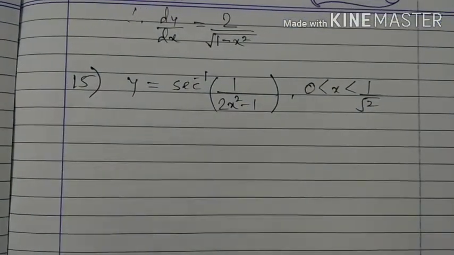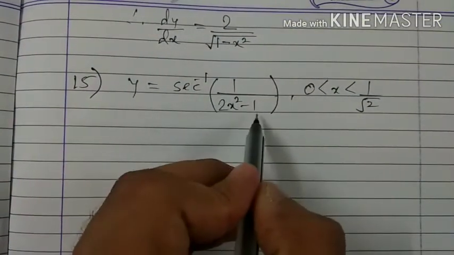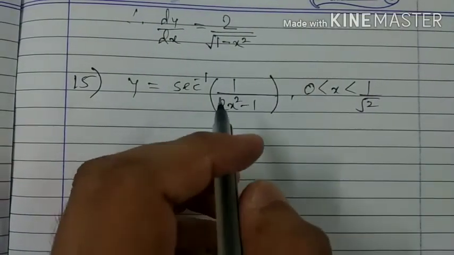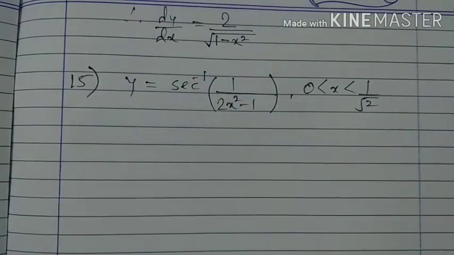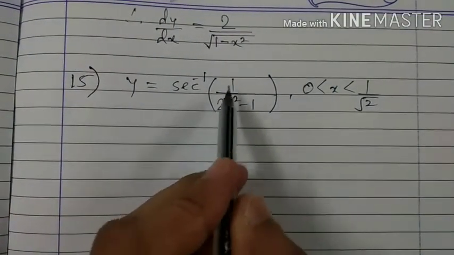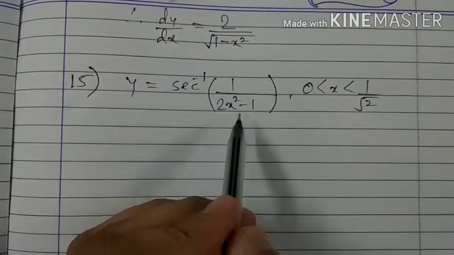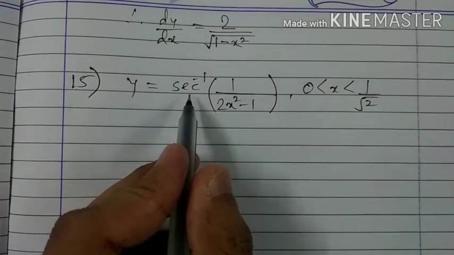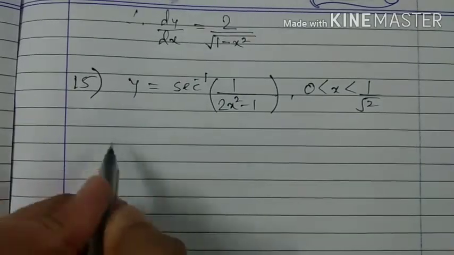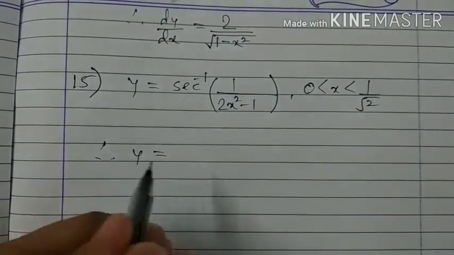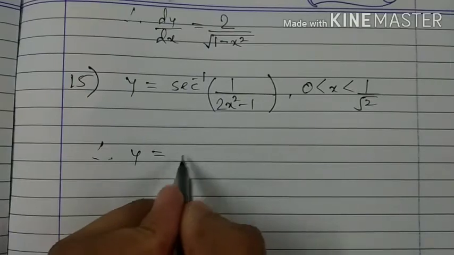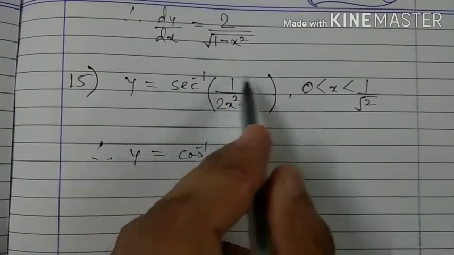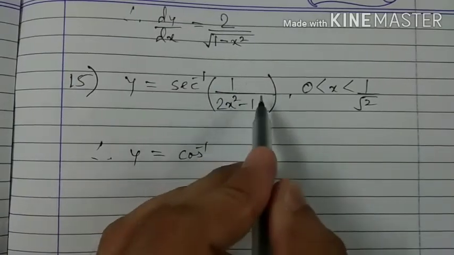Now, first, this variable term is in the denominator: 1 upon 2x square minus 1. Here we can't directly apply any formula. So first we have to convert sec inverse into its reciprocal form, that is cos inverse. If we convert sec inverse into cos inverse, then 1 upon 2x square minus 1 gets inverted.